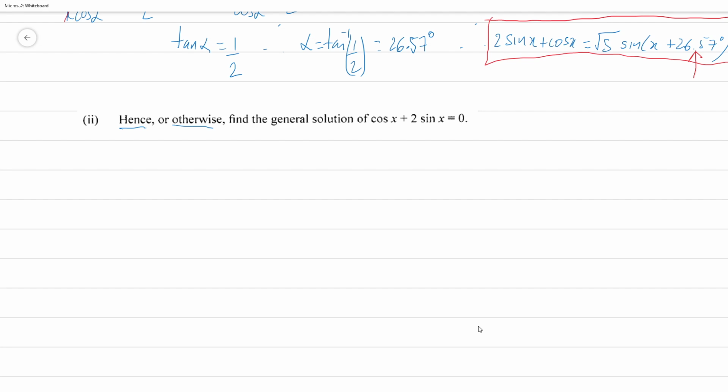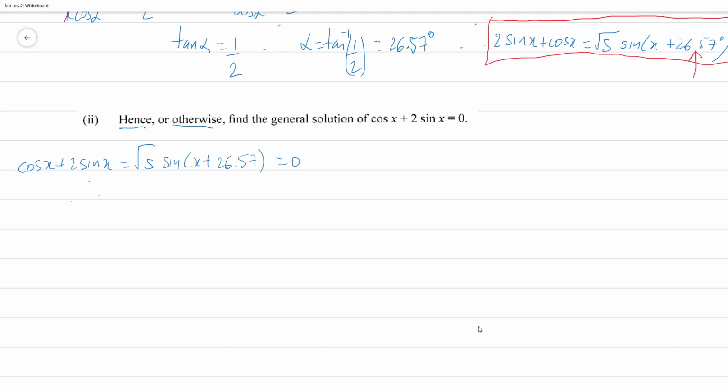So we know that cos x plus 2 sin x can be written as root 5 sin of x plus 26.57, and in this case we have to make that equal to 0.